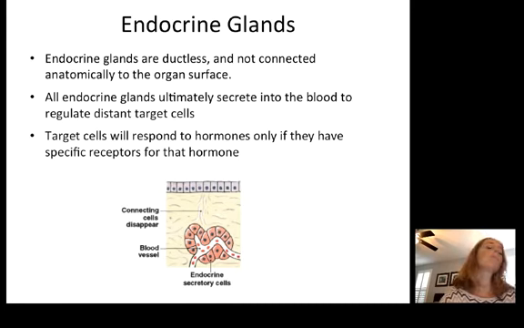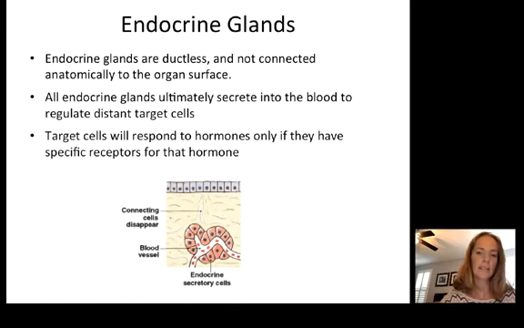So endocrine glands are different from exocrine glands. We learned about, for example, sweat glands and oil glands, your sebaceous and sudoriferous glands located in the skin. Those glands also secrete chemicals, but they secrete to outer surfaces or to outer body regions.